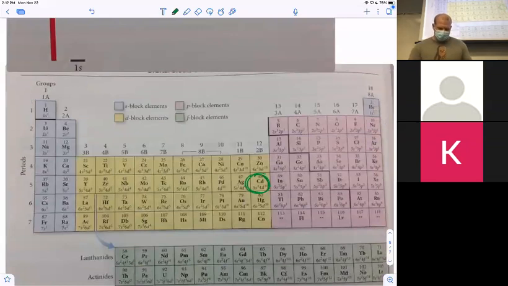Cadmium is going to have 1s, 2s, 2p, 3s, 3p, 4s, 3d, oops, 4p, 5s, 4d. So let me just write out cadmium's all the way at the end here, full shell.